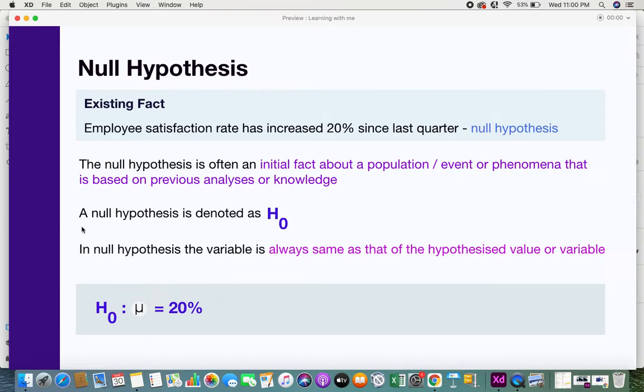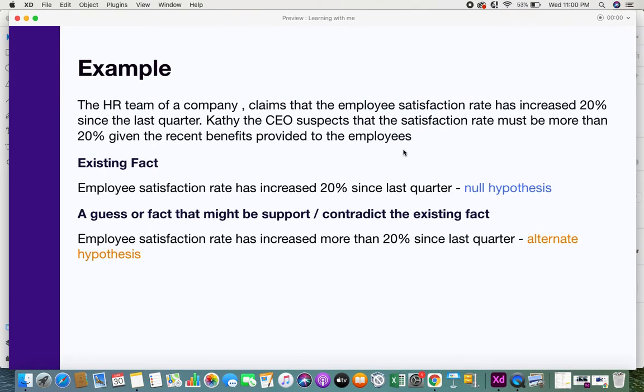The null hypothesis is denoted as H0, or H naught. Why is it H0? Because you're taking the statement and believing it to be true, and there's no difference from the original statement that was provided. Here the original statement is that the HR of a company claims the employee satisfaction rate has increased 20%.